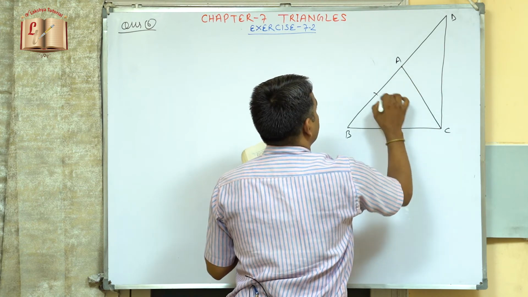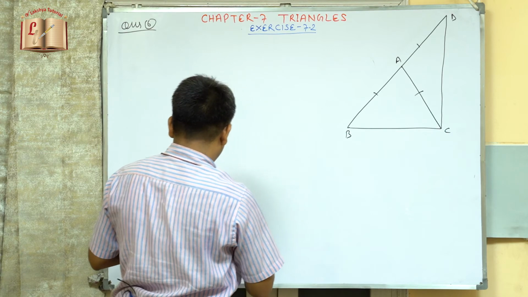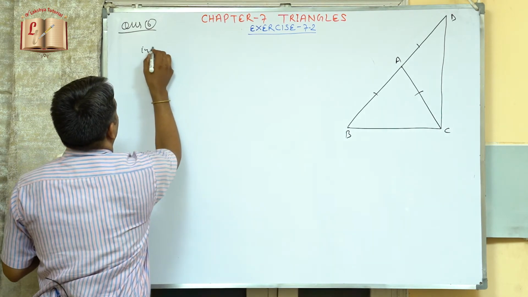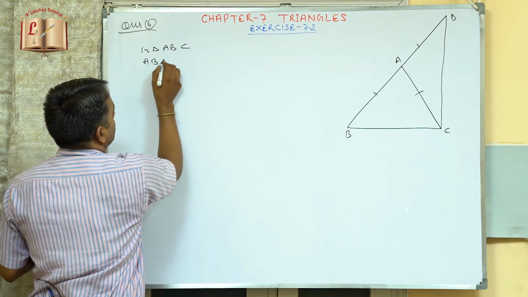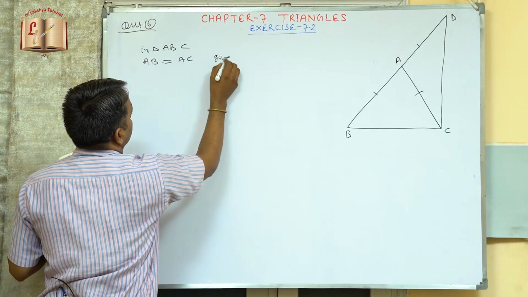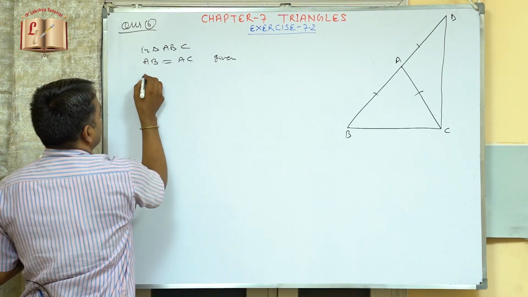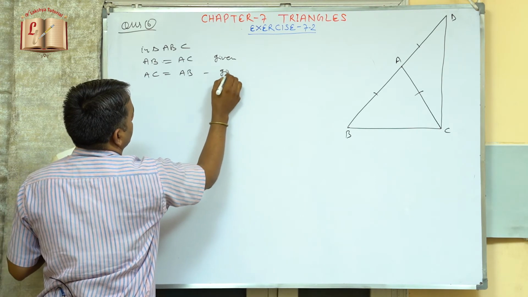Now it is given that this side is equal to this and this is equal to this. So in triangle ABC, AB is equal to AC, this is given to us, and AC is equal to AD, this is also given to us.